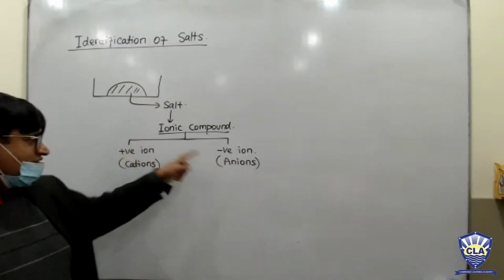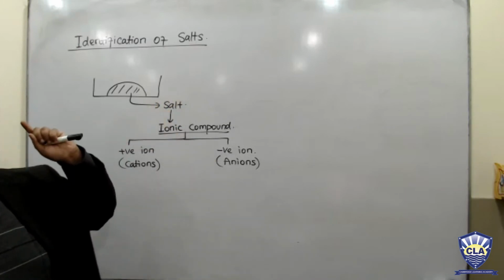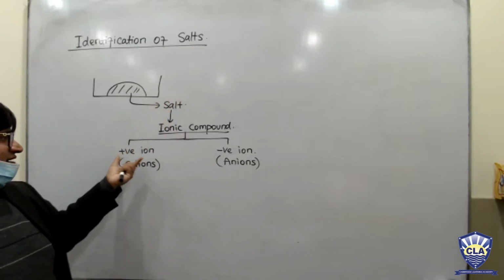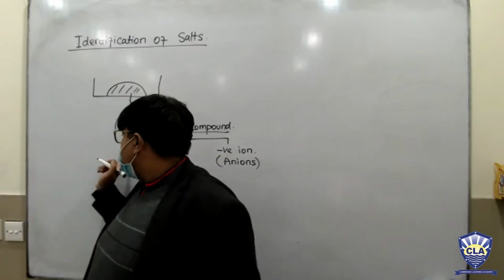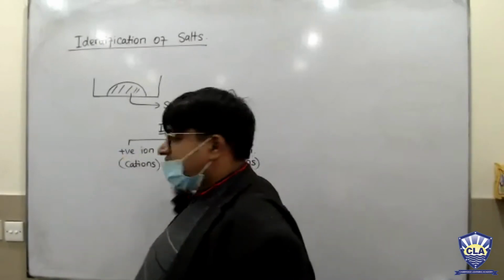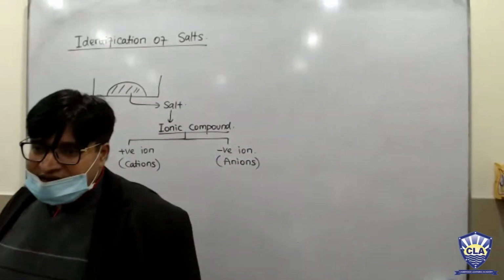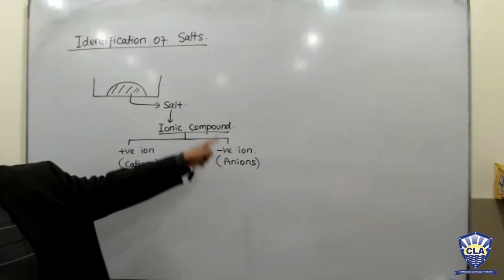So you should join these two things: copper iodide, that is the name of the salt. Just like that, if by those techniques you get the positive ion aluminium and the negative ion sulfate, then if you join both of them, you will get aluminium sulfate, that is the name of the salt.